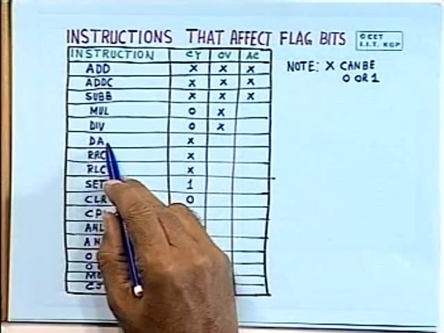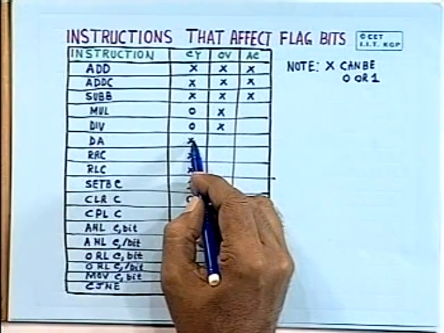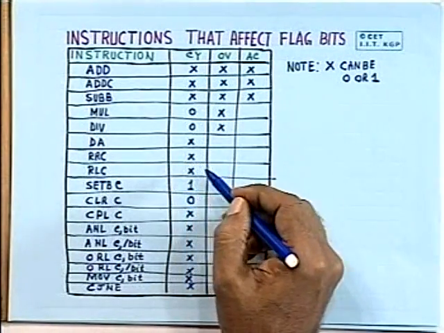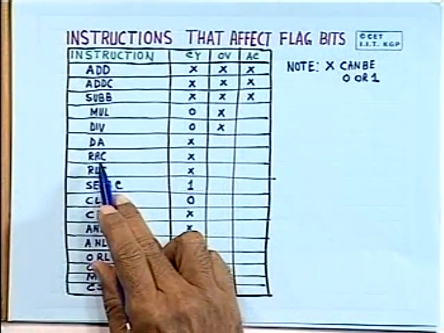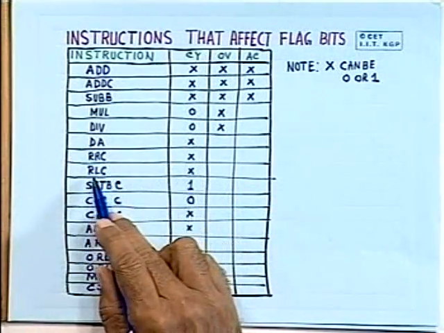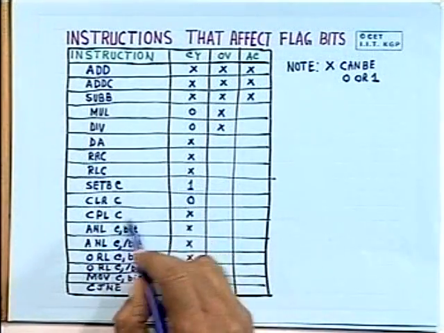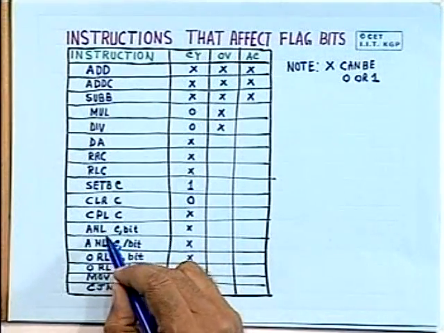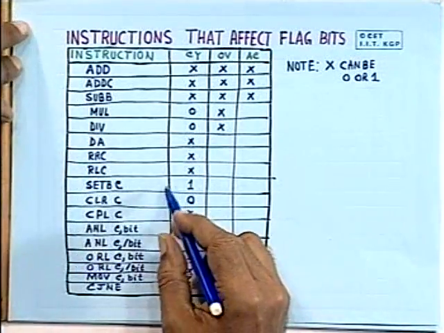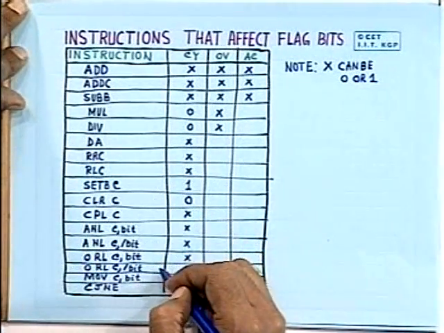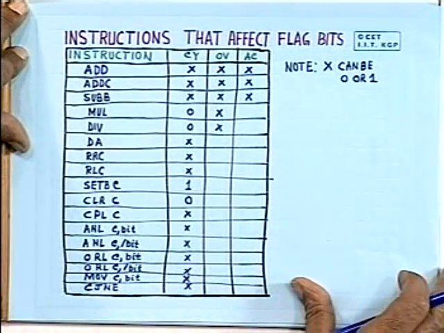Similarly, whenever you execute the decimal adjust accumulator instruction, the carry flag bit is affected, and the carry flag bit is also affected whenever you perform these logical operations: rotate right with carry, rotate left with carry, set the carry bit, clear the carry bit, complement the carry bit, and so on. These are the bit manipulation instructions. We shall discuss them, and because of these the carry bit is affected, and also whenever you perform move operations.